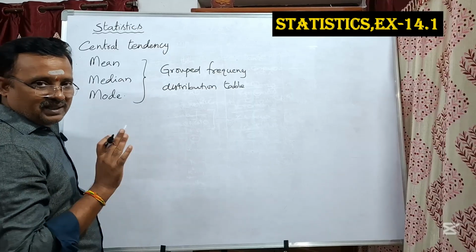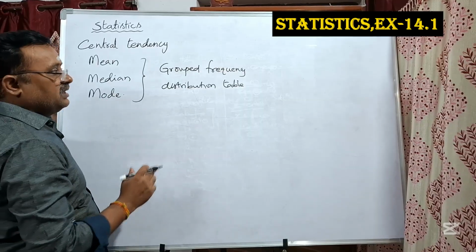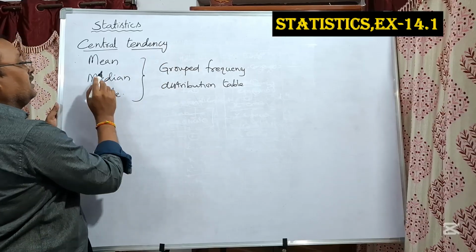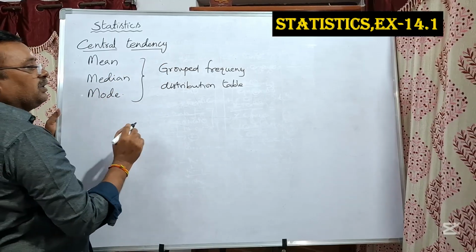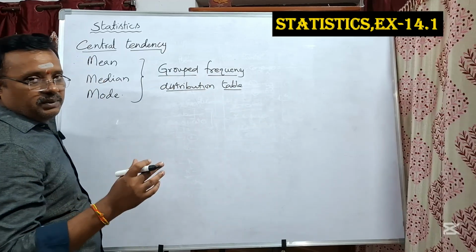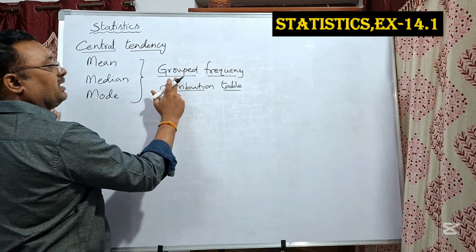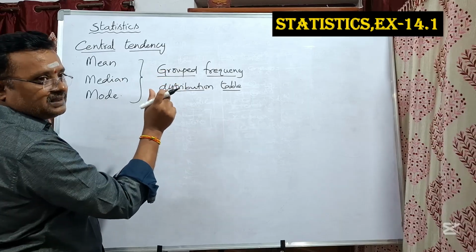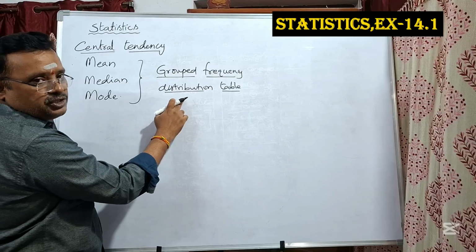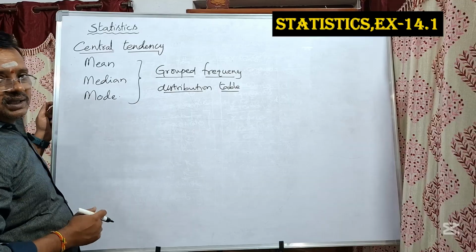That means in our 10th class, which is an extension of 9th class statistics, we are going to find central tendencies like mean, median, mode of grouped frequency distribution tables. That means the data collected will be in this form. It has groups or class intervals with their own frequencies as the distribution. For that type of data, we are going to find mean, median, and mode.